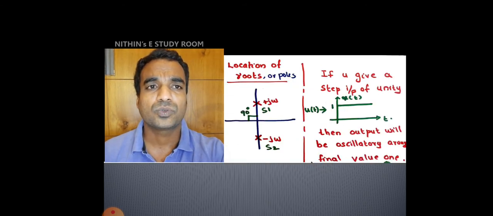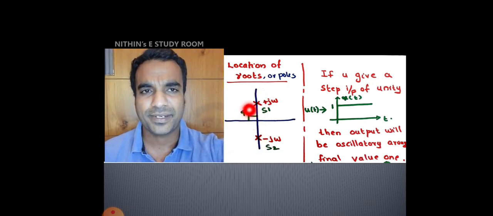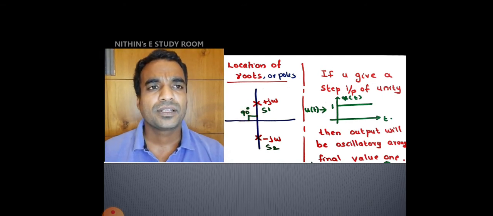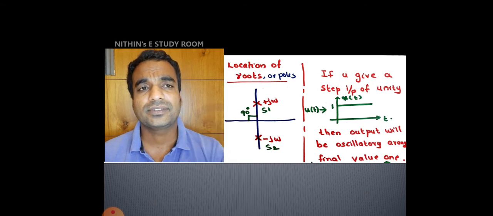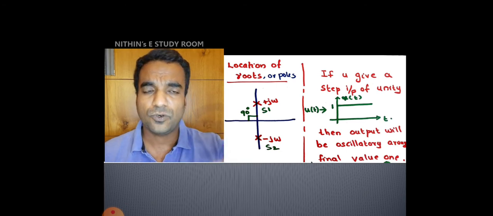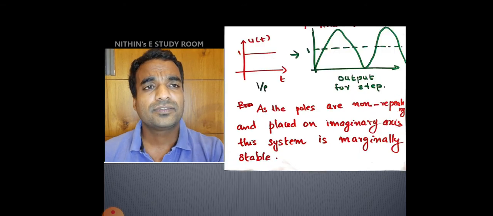That means the roots are on the imaginary axis itself, and the angle is 90 degrees, measured from the real axis. Now if you give a step input, we will get an oscillatory response. If it is a marginally stable system and you give a step input, it will always give an oscillating response, and this will be the response.